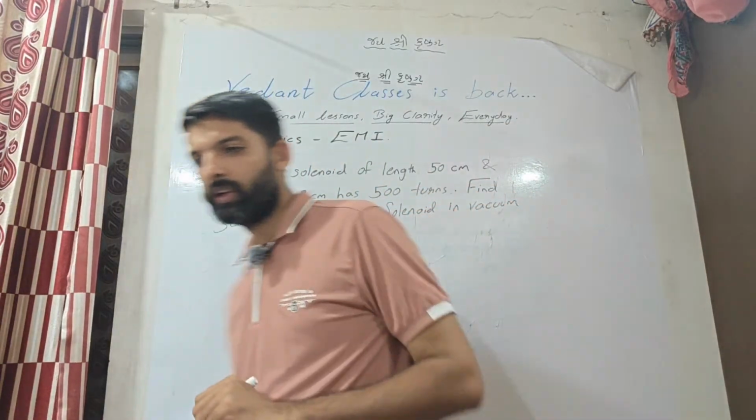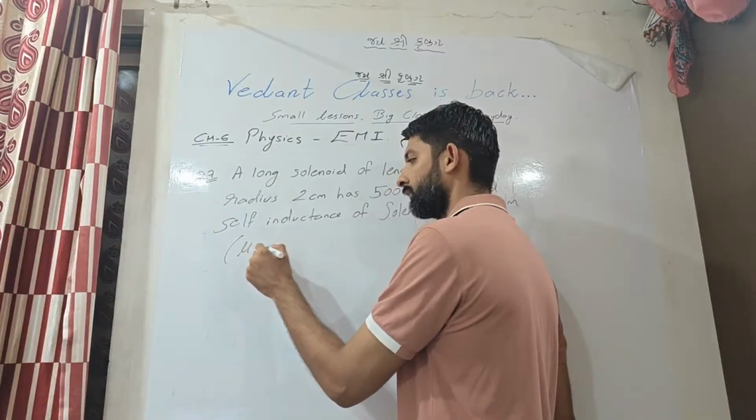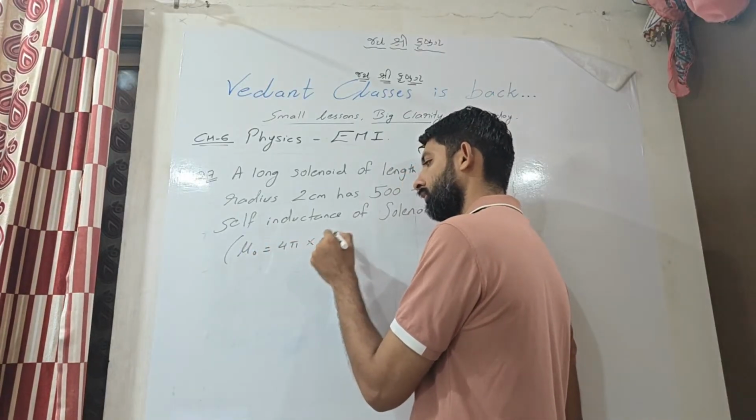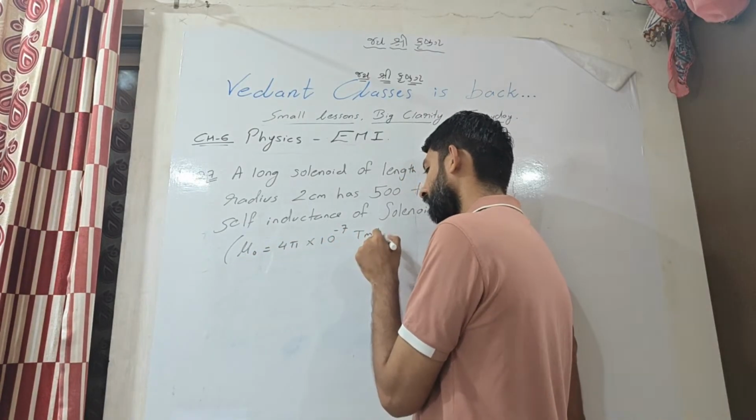Mu naught is 4 pi into 10 power minus 7 Tesla meter per ampere.